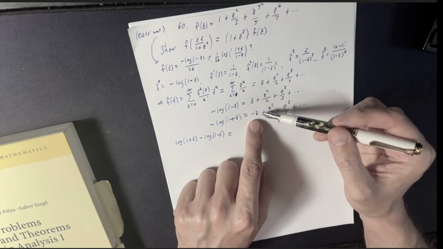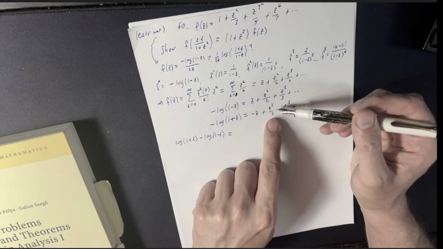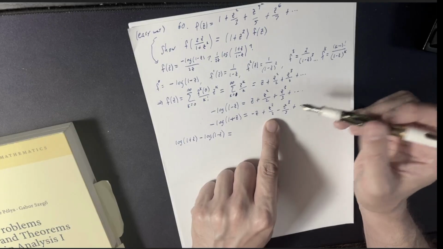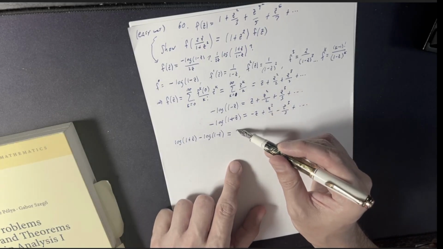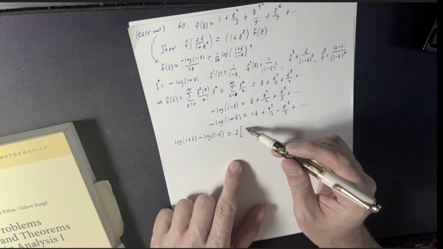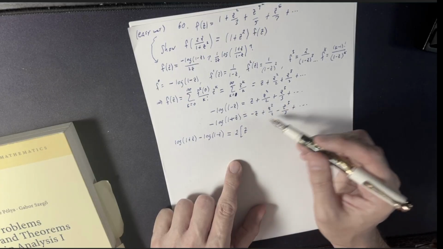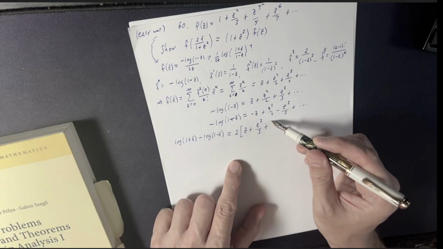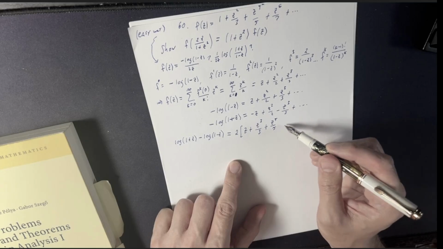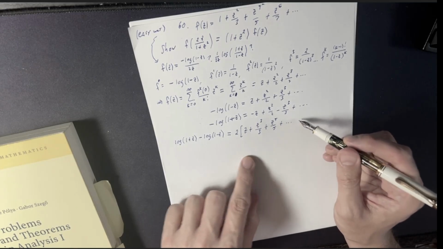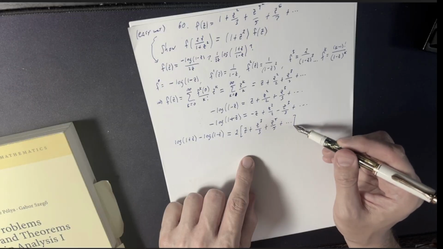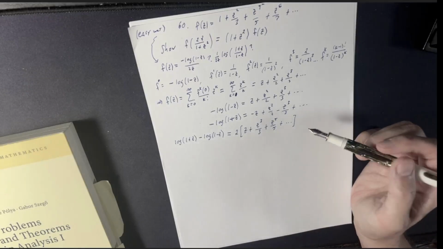When I add them, this is negative and that's positive. So all of the even powers are going to cancel at that point. And you'll have just 2 times z plus z cubed over 3 plus z to the 5th over 5. Sound good? And that's almost what we wanted.